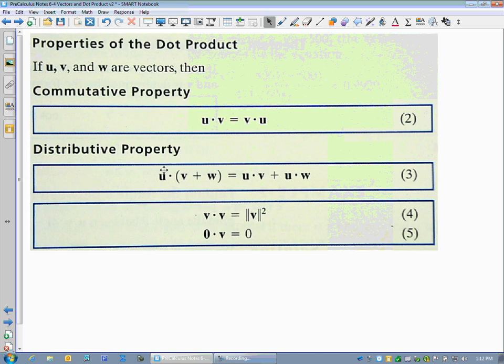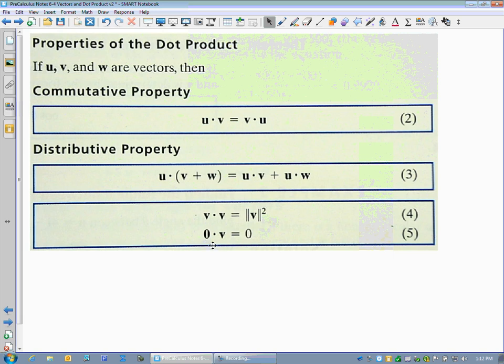All right, we're also going to look at some properties. We've already seen the geometric reason for the commutative property upholding, but the distributive property also works. You can say u dot this sum means you can distribute it to be u dot v plus u dot w. And then we just mentioned this property that v dot v, or any vector dot itself, is simply its magnitude squared.